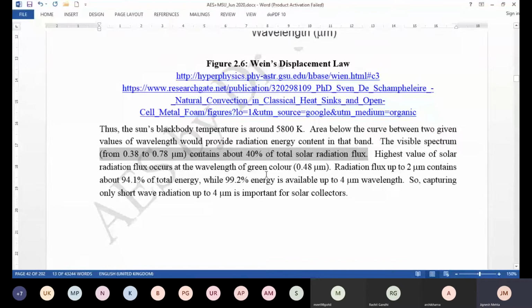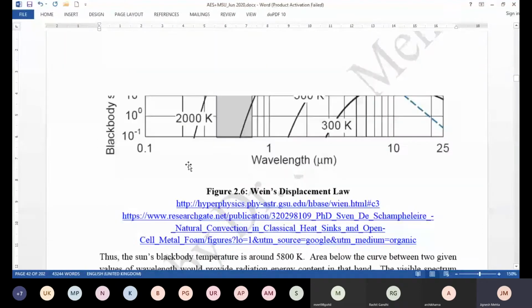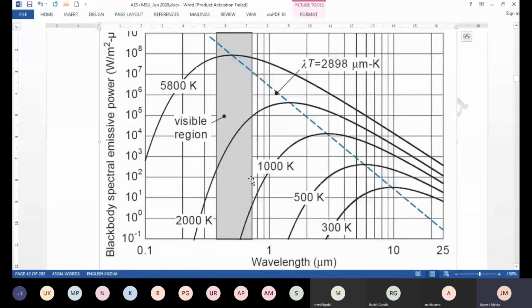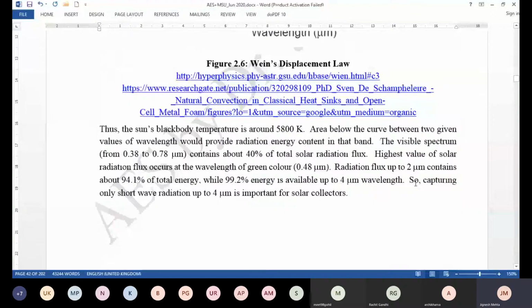But still, on the right hand side of the visible spectrum, there is still a lot of radiation left, right? That is infrared radiation, which, if you collect it, you can use for energy conversion.